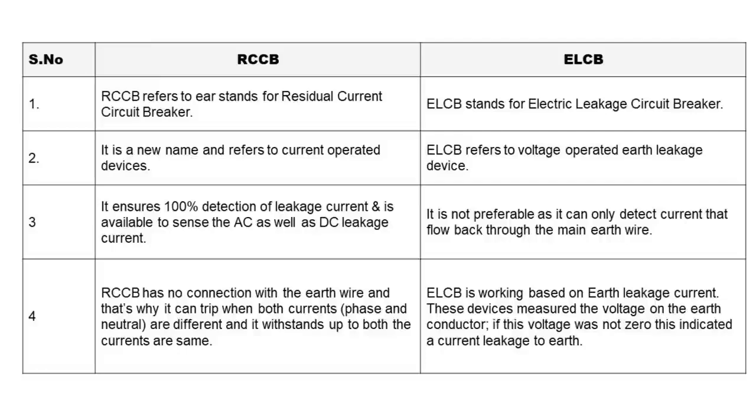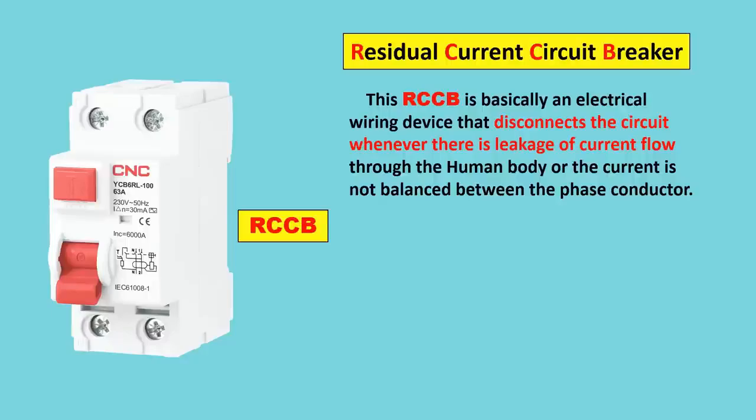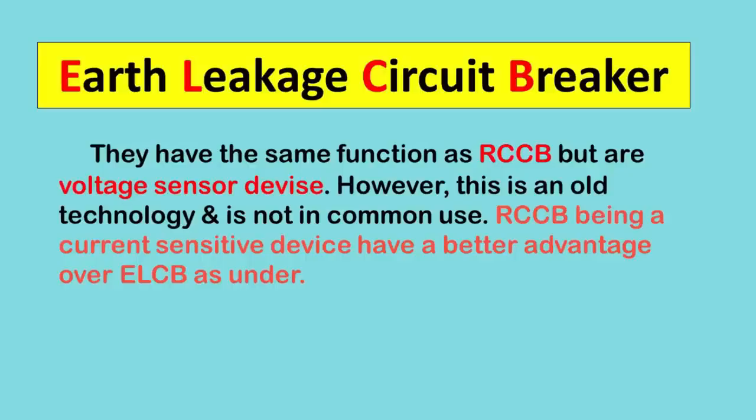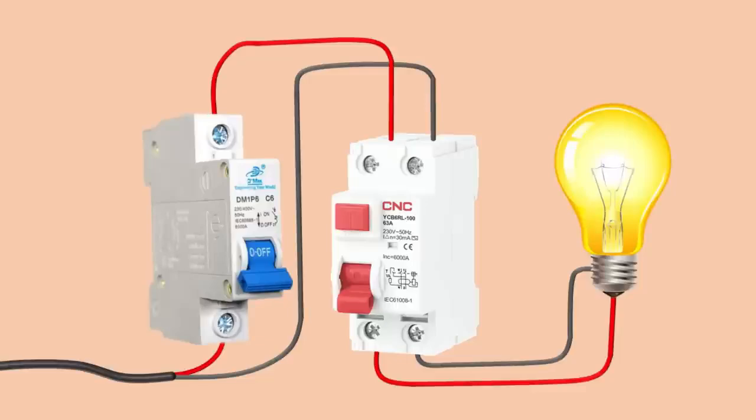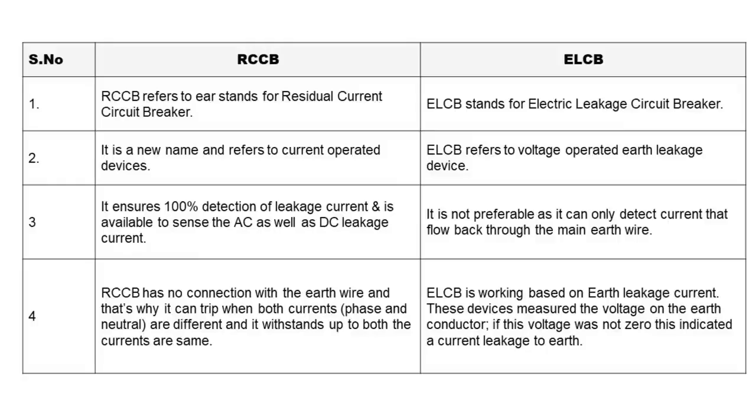Besides, there are many differences, but they are not so important. For now, just understand that both RCCB and ELCB are a type of device which provides protection from electric shocks and earth fault. If you go to market to buy a ELCB, then it is possible that you can't find it. For now, you can only find RCCB in the market, which is more sensible than ELCB.